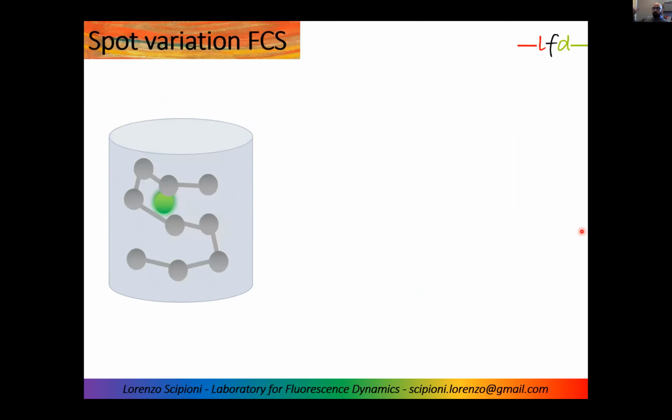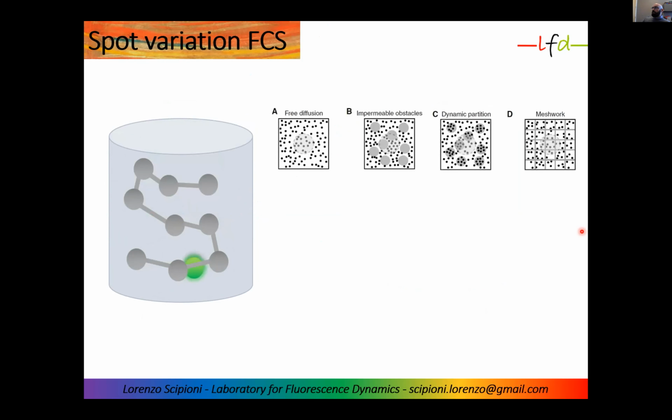One technique that was mentioned in the previous talk by Francesco is spot variation FCS. The idea of spot variation FCS is to discriminate between several kinds of common diffusion behavior that can happen in the cell: free diffusion, impermeable obstacles, dynamic partition, and meshwork.